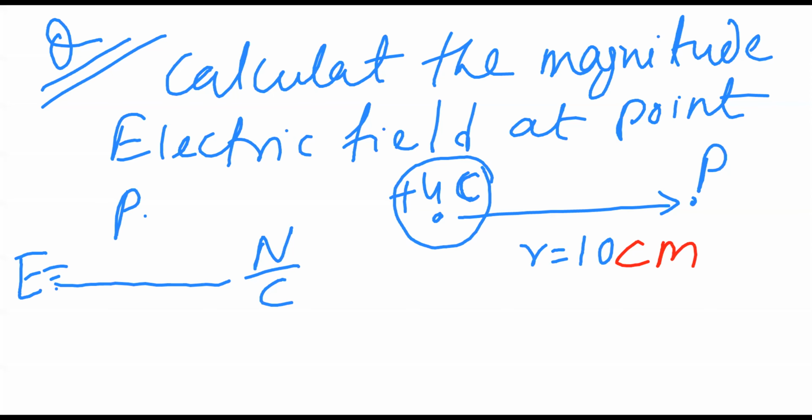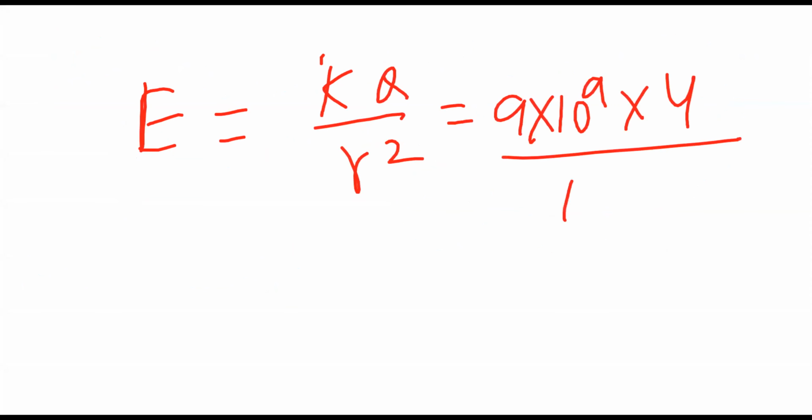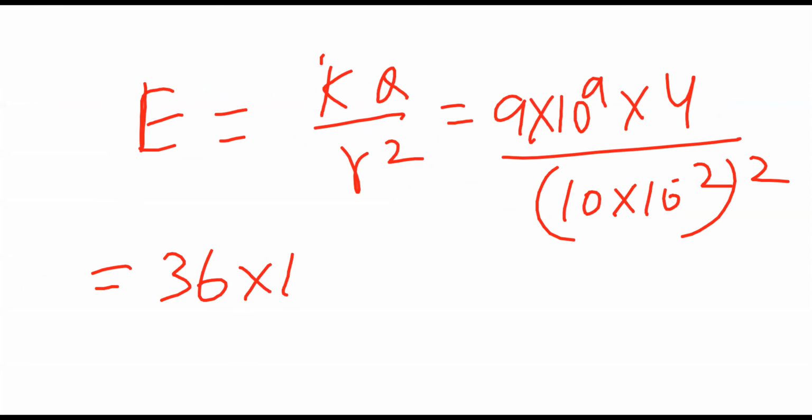Okay, let me calculate. Simple formula. See, electric field is K Q by R square. So 9 into 10 to the power 9, times 4, divided by 10 into 10 to the power minus 2, whole square. So it will become 36 into 10 to the power 9.